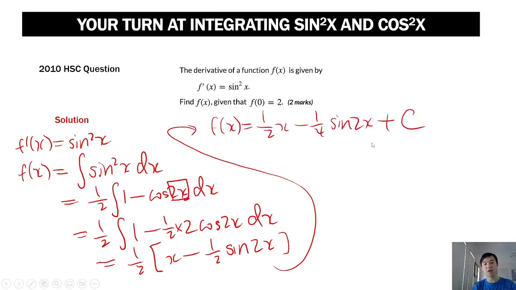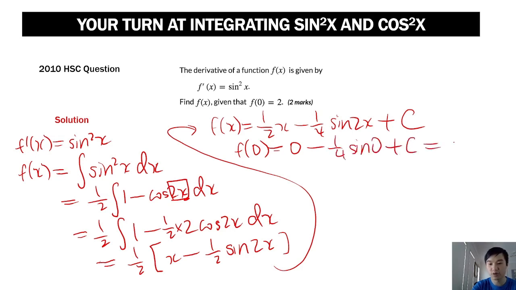But we want to find the function, because we're given extra information that when x equals 0, the function is equal to 2. So we can use this information to help us find what c is. When f of 0 is equal to 0 minus a quarter sine 0 plus c, that's equal to 2.